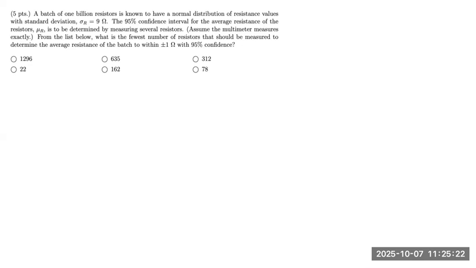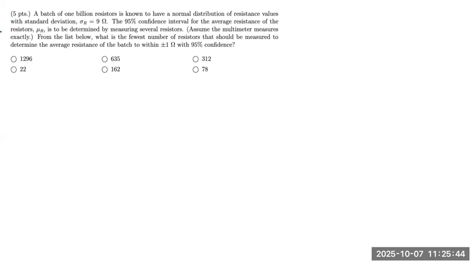So first, let's break down this problem. What is this problem asking us to find? Well, we know that the batch of resistors has a normal distribution, and in statistics, a normal distribution looks something like this.